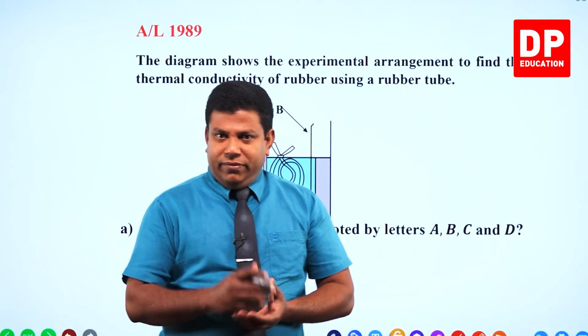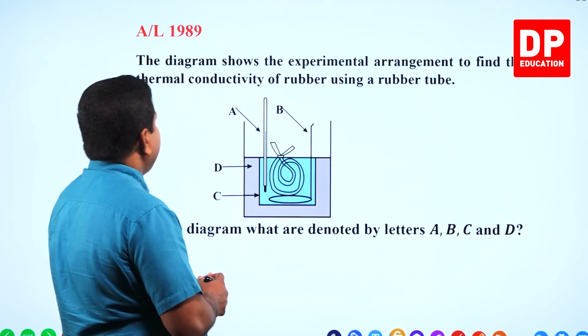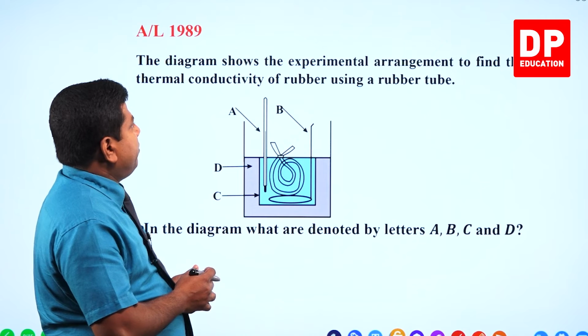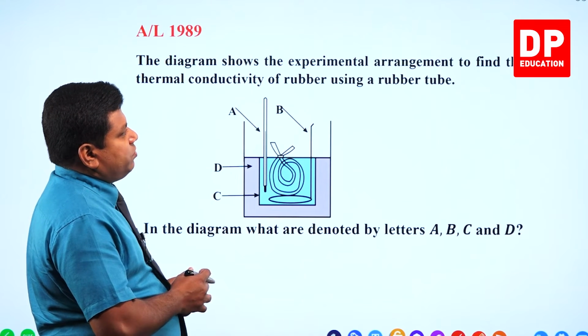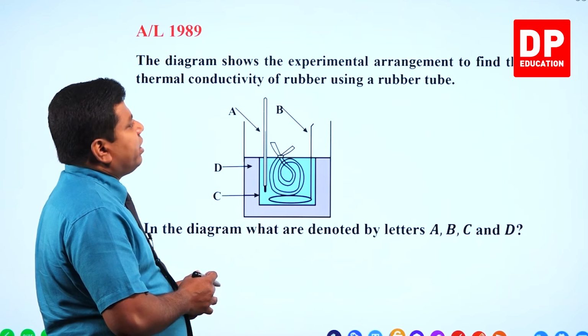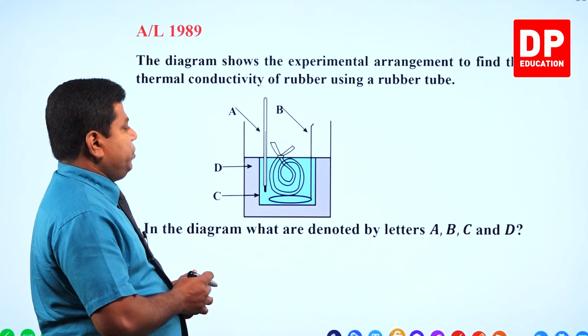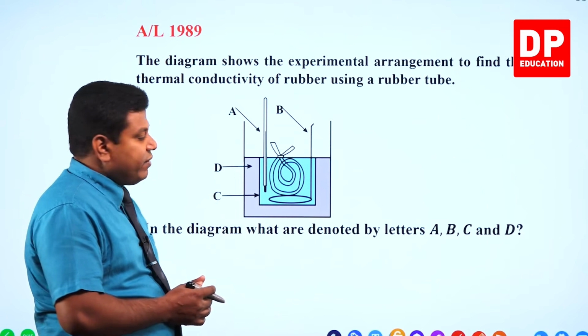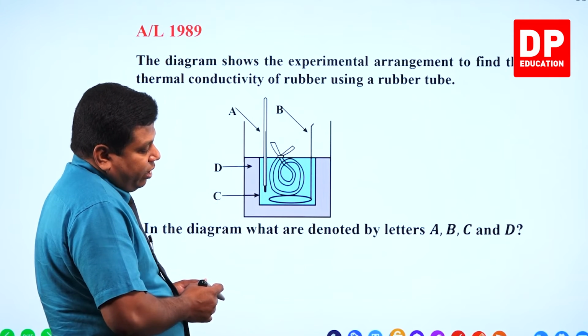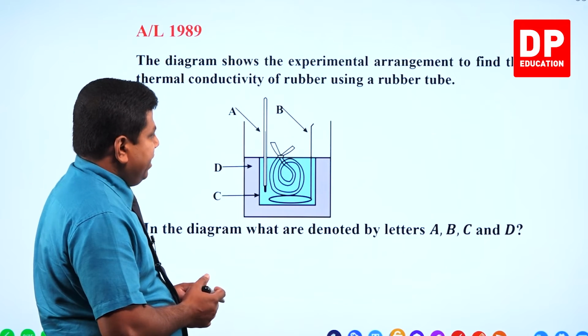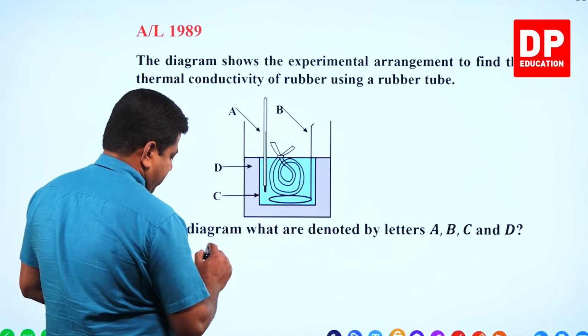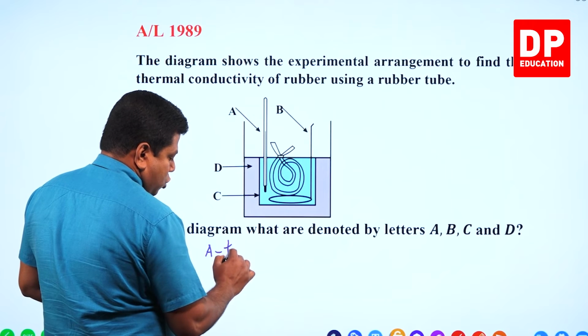I have taken a very old past paper here, 1989 advanced level paper. The diagram shows the experimental arrangement to find the thermal conductivity of rubber using rubber tube. Exactly the same arrangement we have done. In the diagram, what are denoted by letters A, B, C and D? A is the thermometer. So simple.